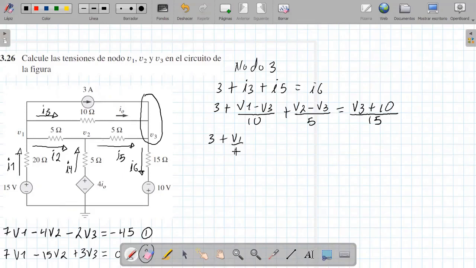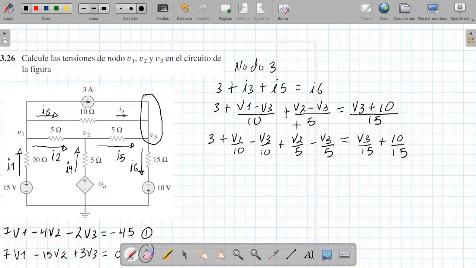We begin to apply that it would be 3 plus V1 over 10 minus V3 over 10, minus V2 over 5, minus V3 over 5, and we can separate this. It would be V3 over 15, plus 10 over 15.